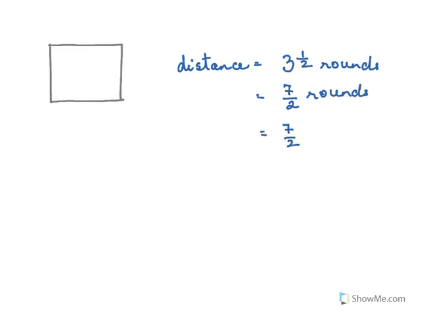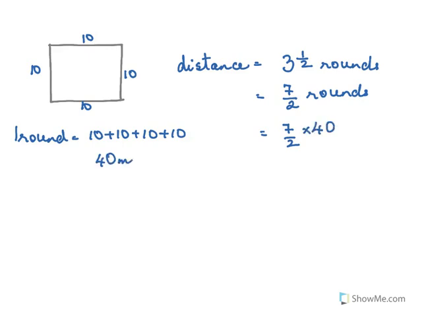Now one round is 10 plus 10 plus 10 plus 10, and that is 40 meter. So 7 by 2 rounds will be into 40. When you cancel and reduce this, this will be 20. So the answer will be 140 meter.